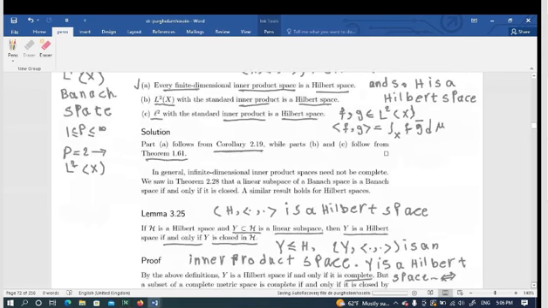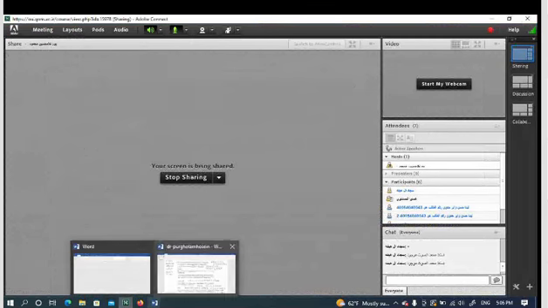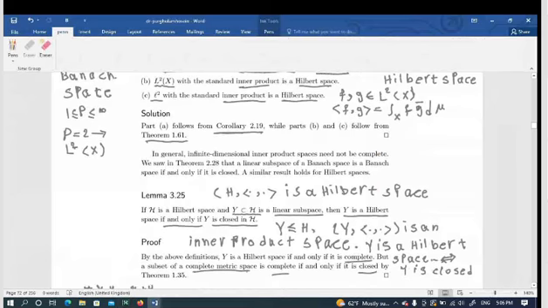Another lemma. Let H be a Hilbert space, so H with an inner product is complete.